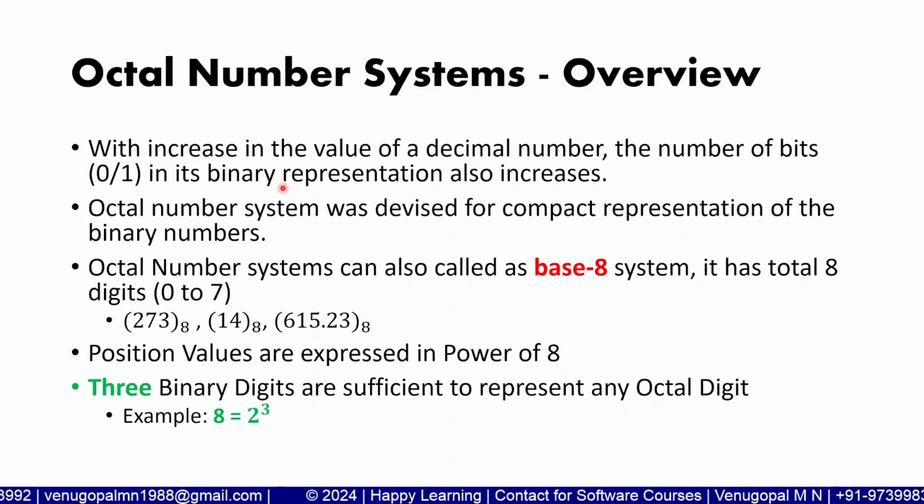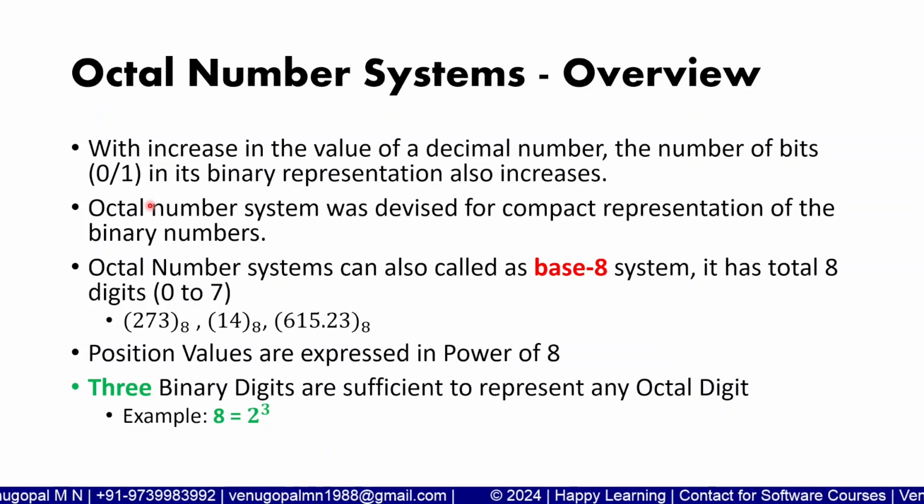Also, if any of you has not watched the binary number system videos yet, you can go ahead and watch that video so that you will have more clarity on the binary number system. Coming back, with the increase in the decimal value, obviously more bits are needed. That's the reason there was a need for newer number systems, and this octal and hexadecimal number system arose.